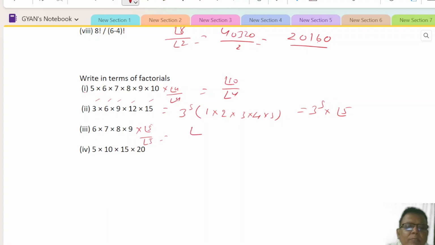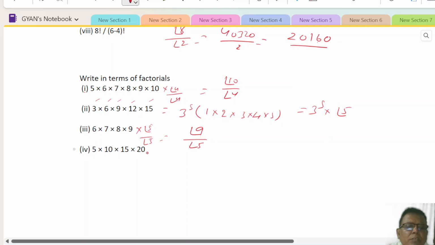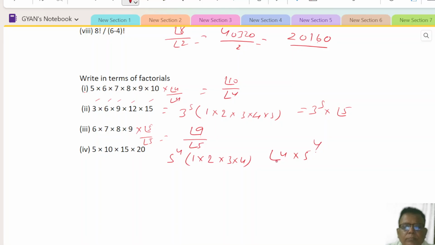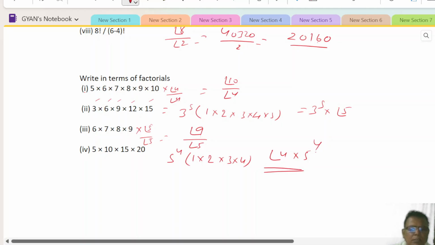So it will become factorial 9 divided by factorial 5. So here you take 5 to the power 4, then here 1, here 2, here 3. Factorial 4 into 5 to the power 4. This is the answer.